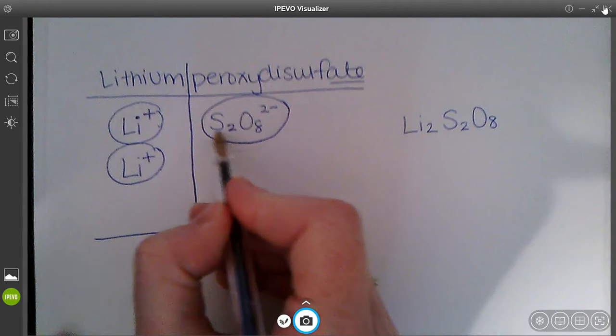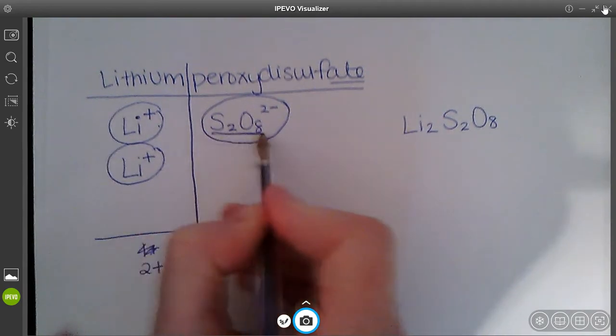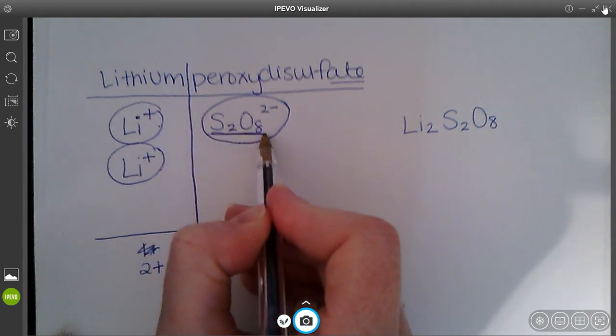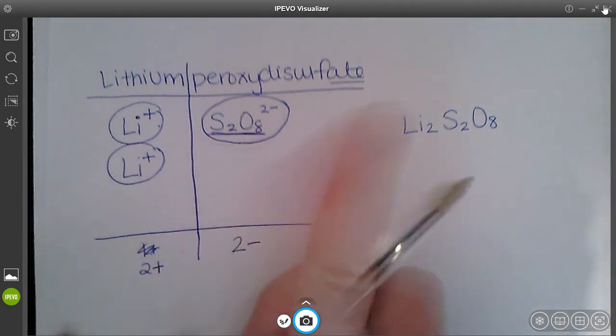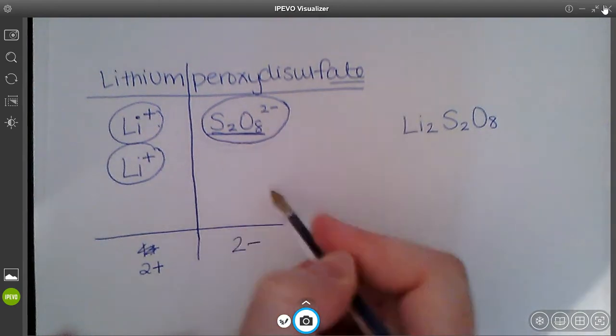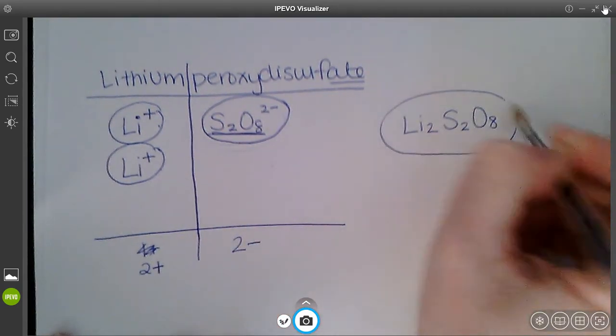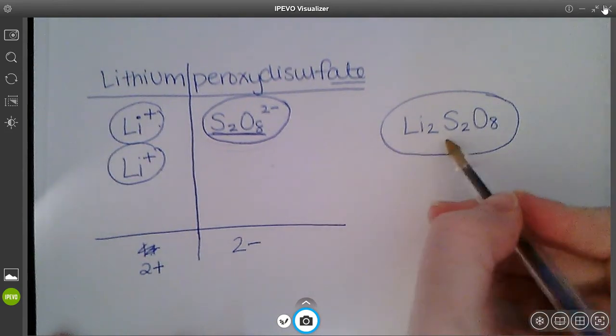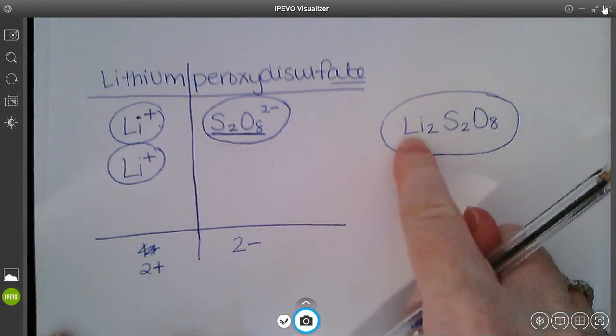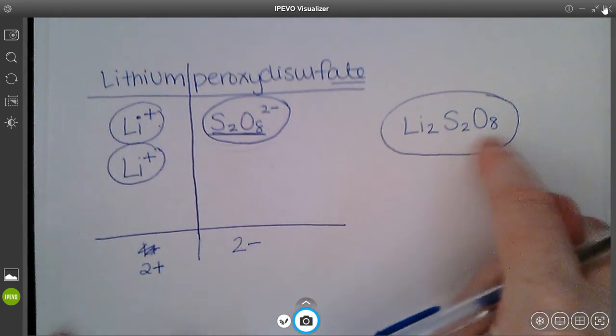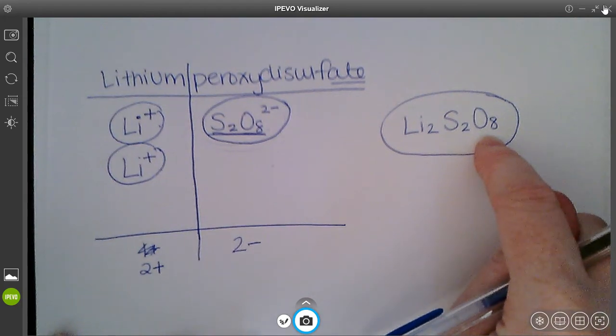So make sure you always write the formula that's inside your circle exactly as is. You only do parentheses if you drew multiple. I didn't draw multiple, so this is done. Here is the formula for lithium peroxydisulfate. I need 2 lithiums and 1 peroxydisulfate to come up with this.